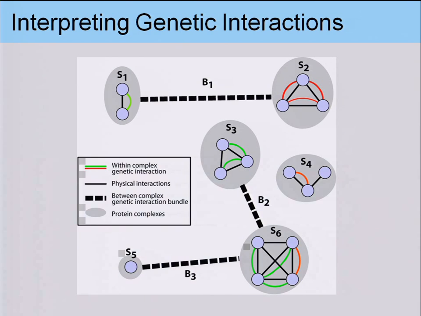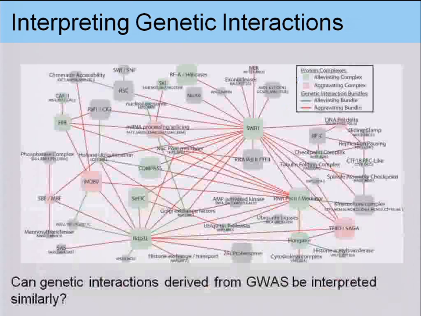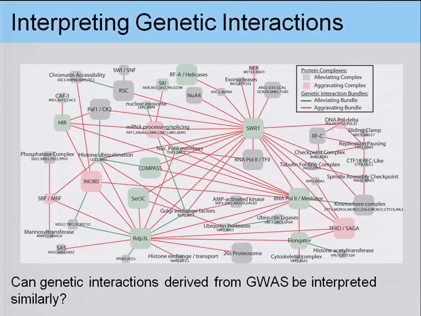And we come up with algorithms to automate this process and essentially prepare genes for generations of global maps. Each node here is a protein complex.